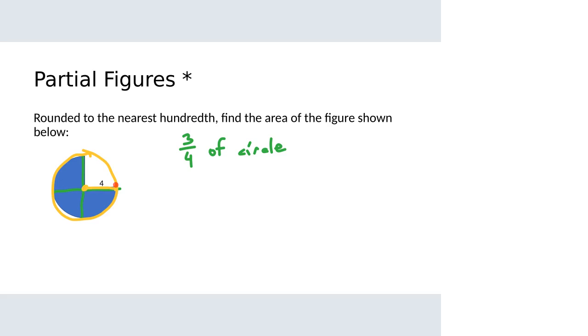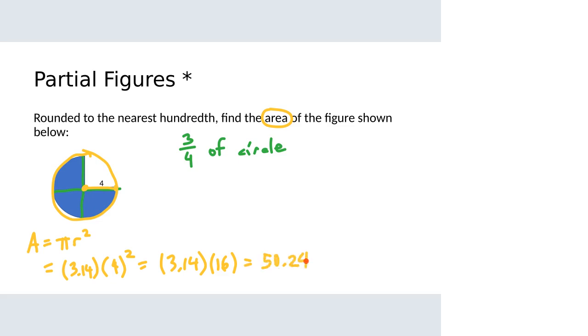So if I had a circle with a radius of 4 and I wanted the area of that, I would just say the area would be pi r squared, which would be 3.14 times the radius, which is 4 squared, which would be 3.14 times 16, which is 50.24. So if I had an entire circle, the area would be 50.24.